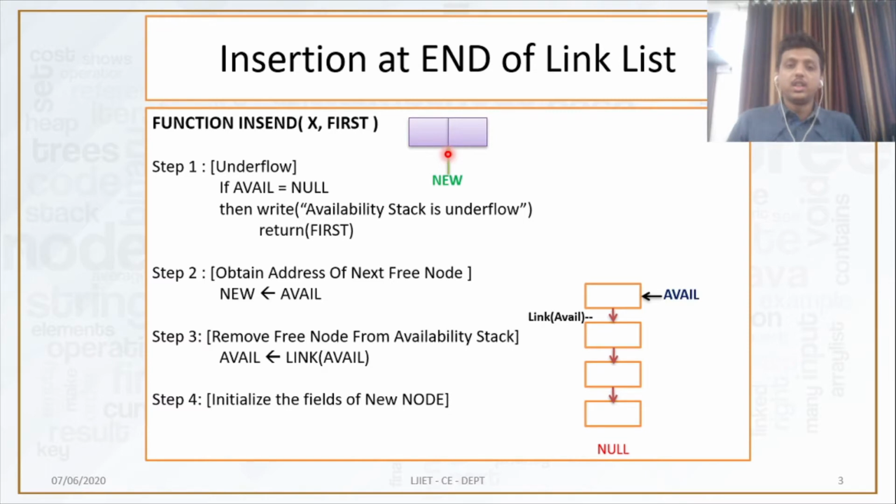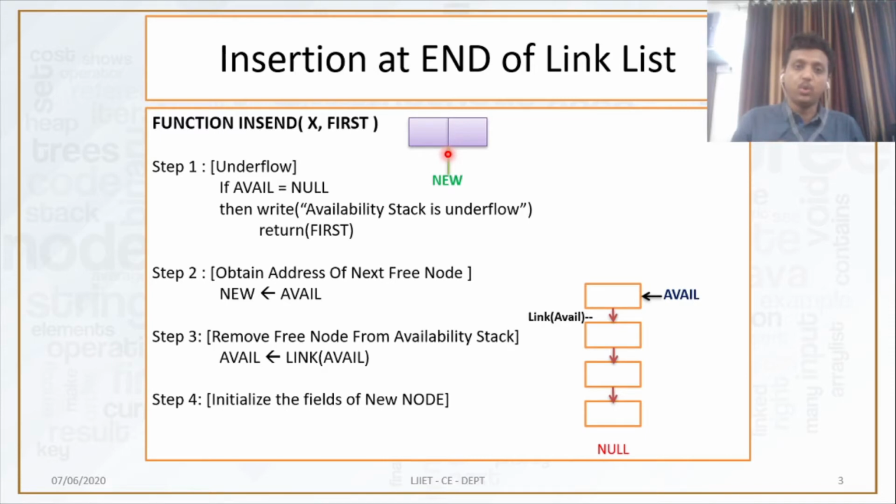Now tell me, at which point we need to insert this node? The algorithm is for insertion at the end. If this is my linked list, then I should insert at the end. We all know in a singly linked list the pointer of the last node points to null.